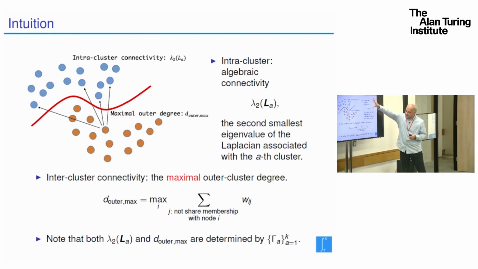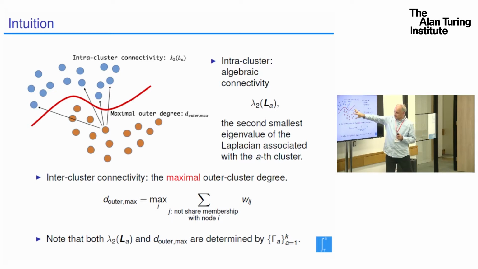So here, this is the key slide for this first part of the talk. How can we build a theorem that tells us when this SDP solution solves the original spectral graph cut problem and thereby the spectral clustering problem exactly? There are 2 things that we need to think about. If I have a graph cut or clustering problem, 2 things matter. Let's say I want to cluster this in 2 clusters, the reddish and the bluish.